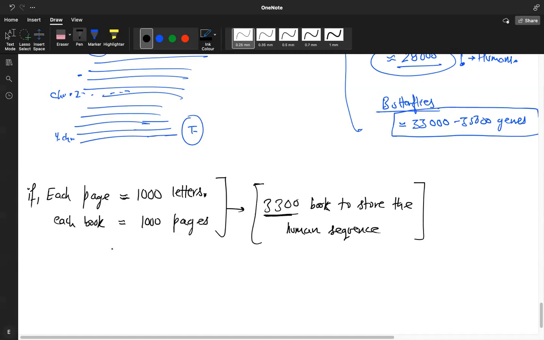So Human Genome Project was not just an ambitious project from a biology point of view.